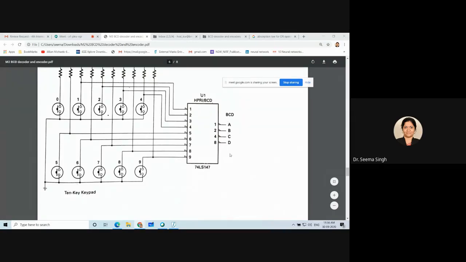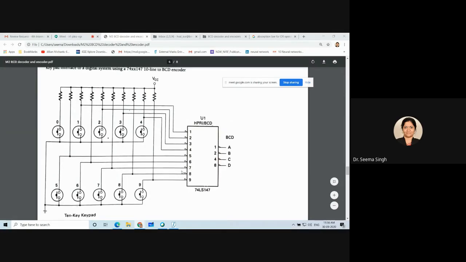It will give you a 9 output here. And what is a 9 output? It is 0 1 1 0, right? So if 9 is selected, D becomes 0, B and C become 1 1, and A becomes 0. So a 9 comes here. So they are just trying to show a 10 keypad with respect to your 10:4 encoder.